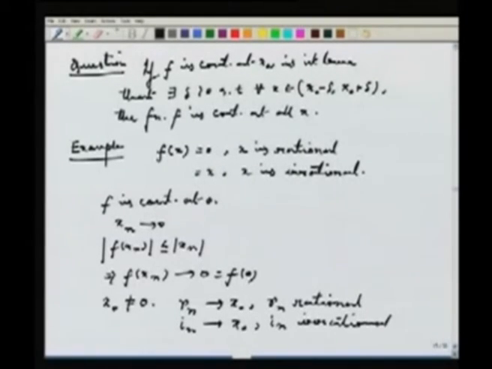Then what happens to f of Rn? By definition, f of Rn is equal to 0 for all n. This implies that f of Rn converges to 0. But what about f of In?